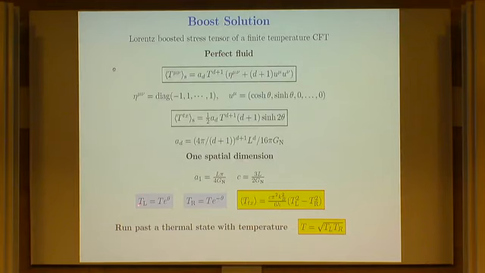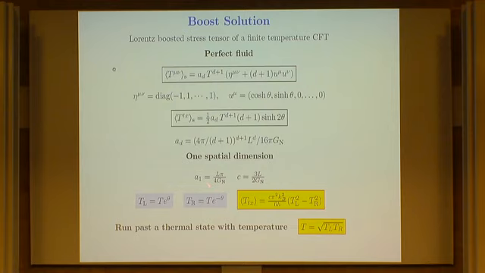If I run past a thermal state at some temperature T, you're going to see Doppler shifted radiation as a result of running past this black body. In front of you, it's going to be Doppler shifted one way. Behind you, it's going to be Doppler shifted the other way.